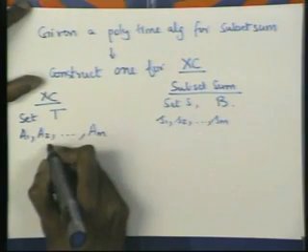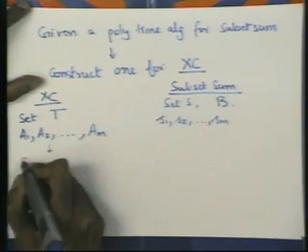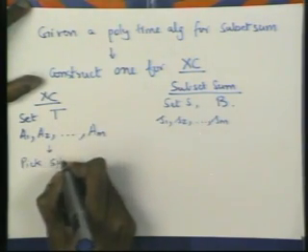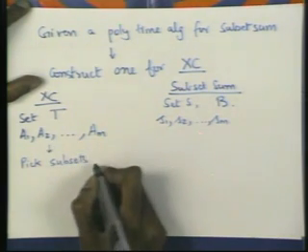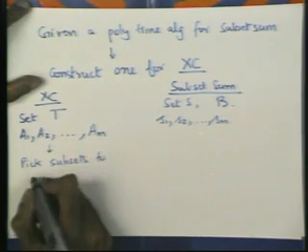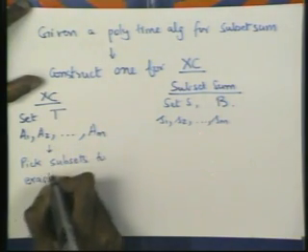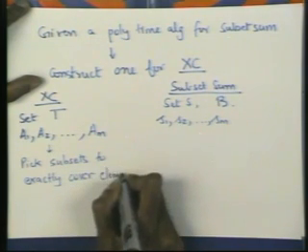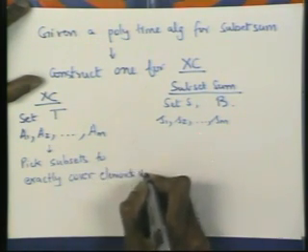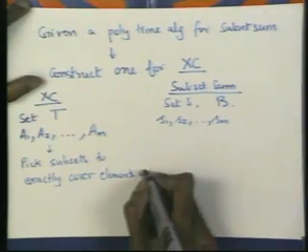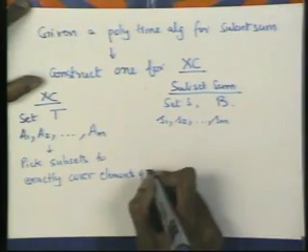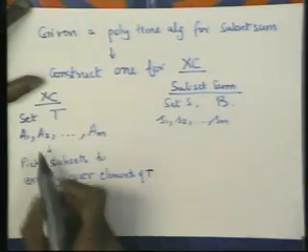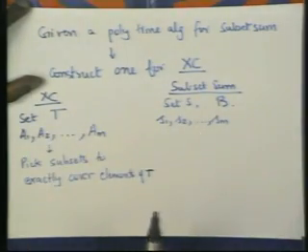Now, what do we want to do here in XC? We want to pick subsets to exactly cover elements of the set T. We want to pick some of these so that this set T is covered exactly.